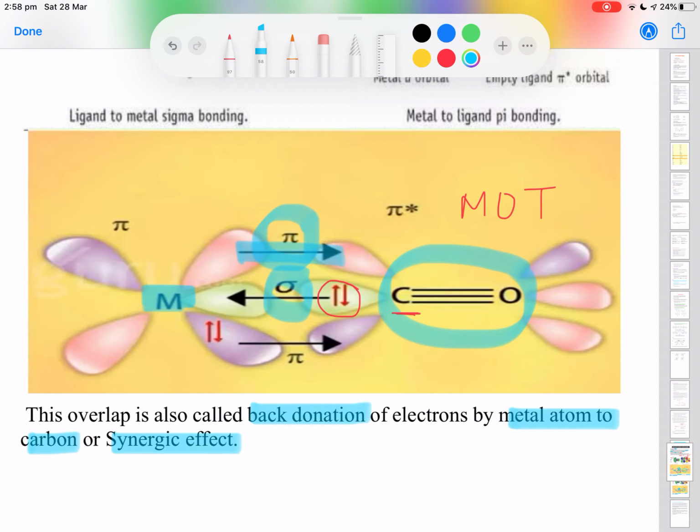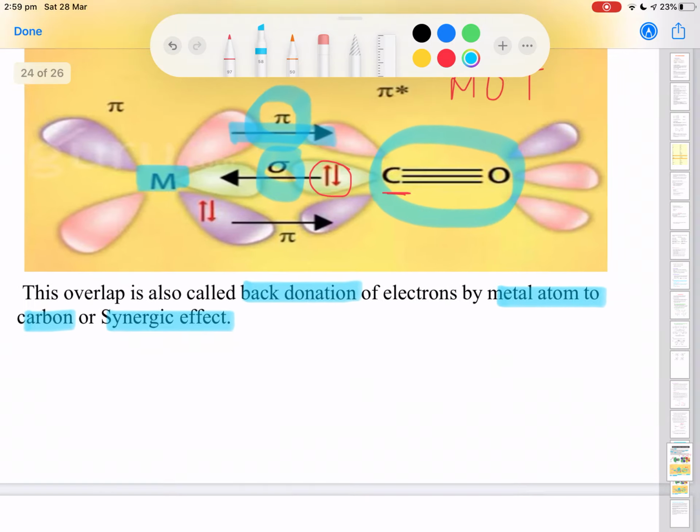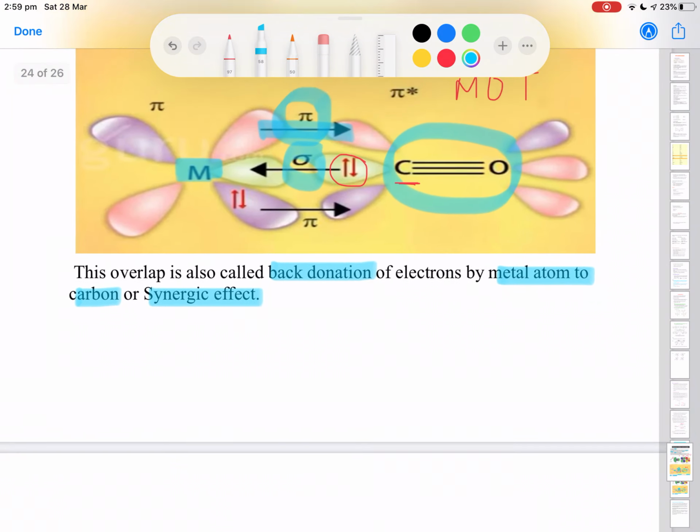Because there is a strengthening of the bond as the ligand donates the lone pair of electrons to the central metal atom, but additional to it, the metal atom also donates its electrons from its d orbital, which carries the paired electrons, to the vacant anti-bonding orbital of the ligand. Hence the bonding becomes pretty strong over here.